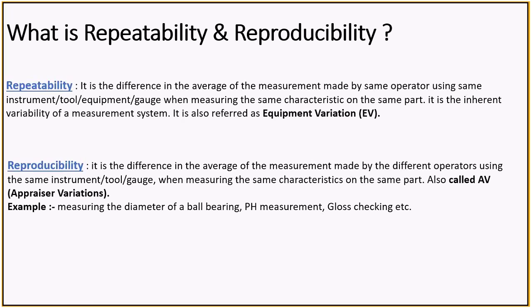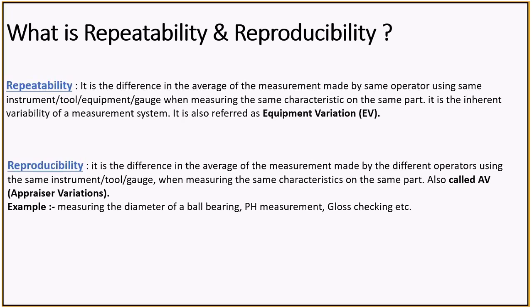And there is one more term called operator-part interaction. I'm just giving you an example. There are times when some particular operator is not able to measure, or has huge errors or variation at some particular parts. Maybe I have 5 samples, and I'm measuring sample 1, and another person is also measuring sample 1.